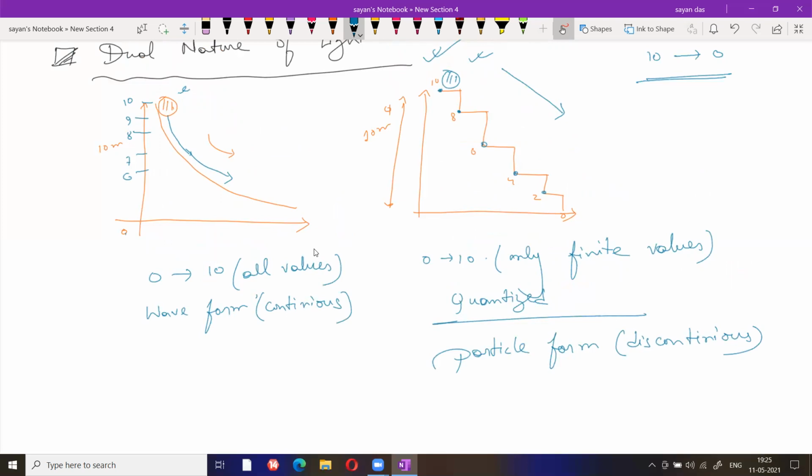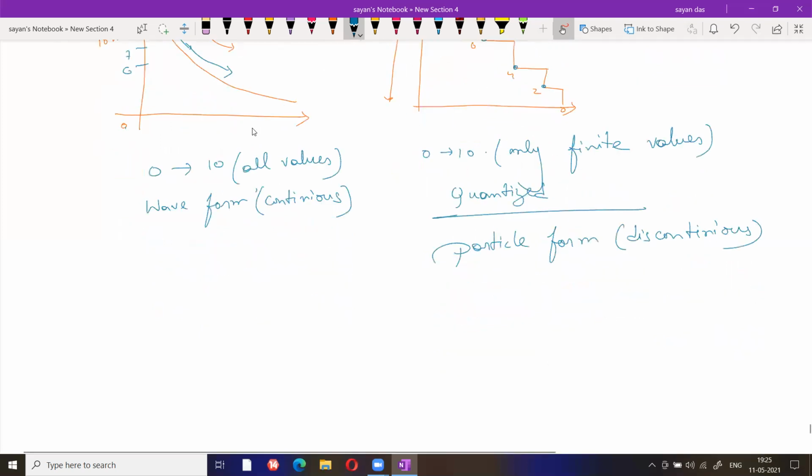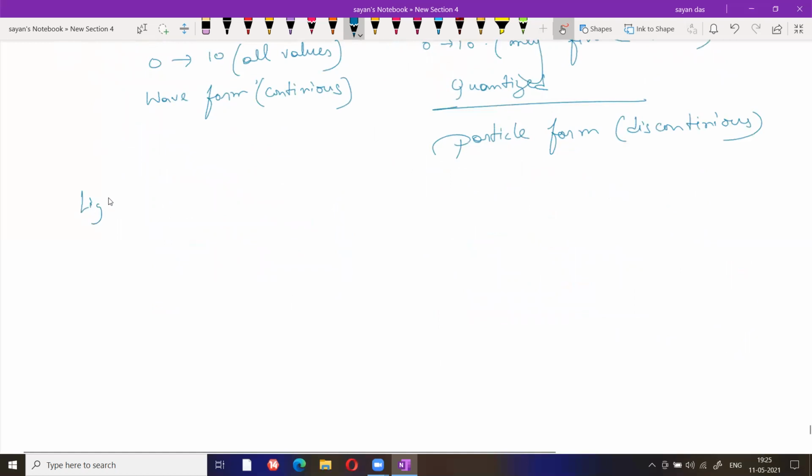Light possesses dual nature. It has both particle as well as wave nature.